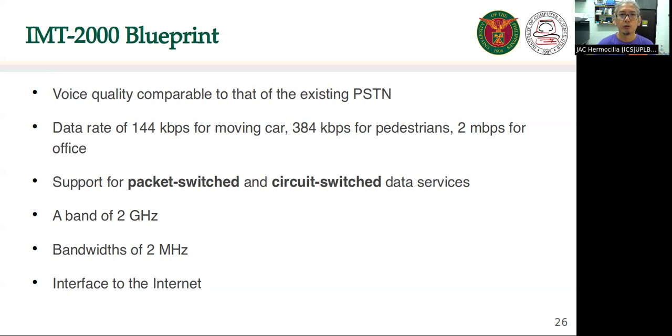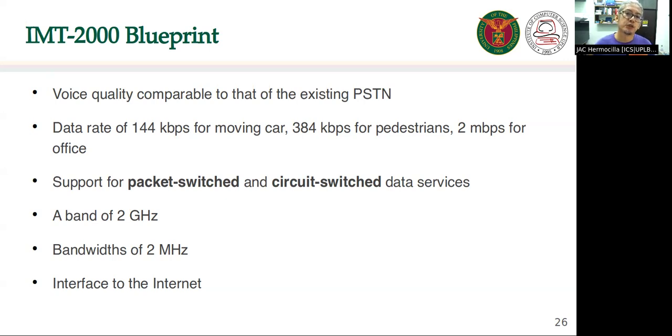The data rate is 144 kbps for a moving car, 384 kbps for pedestrians, and 2 Mbps for office. These are the data rates because the third generation would support data communication in addition to voice communication.